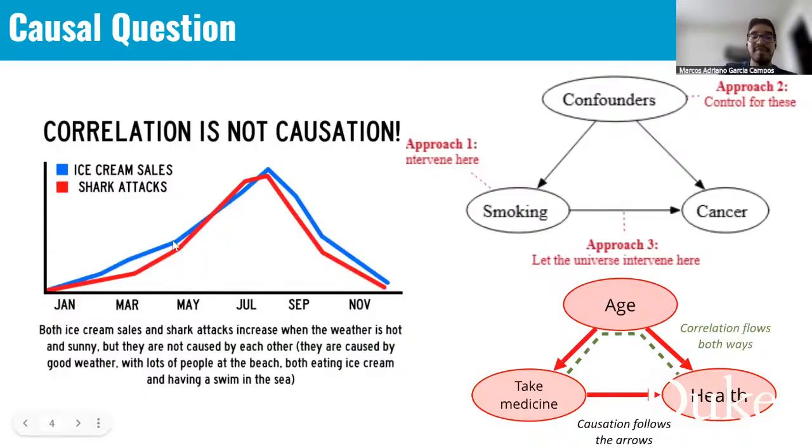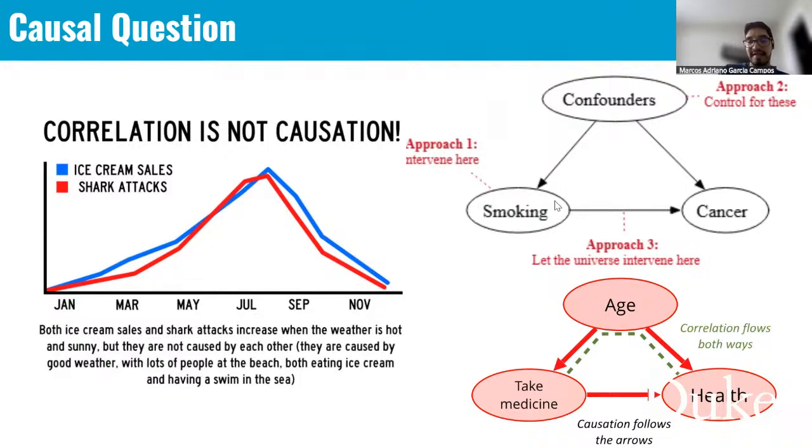Obviously, maybe because of the weather, the summer, during this period I have the increase of both. But this is a confounder. The summer can explain both, despite the two variables being associated. So the confounder can explain two causal paths.